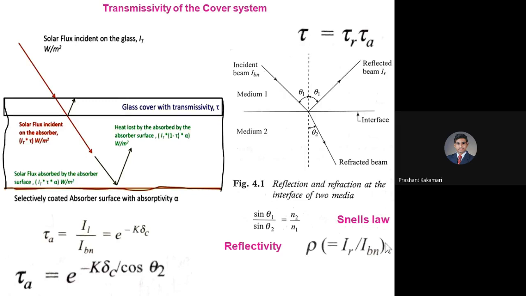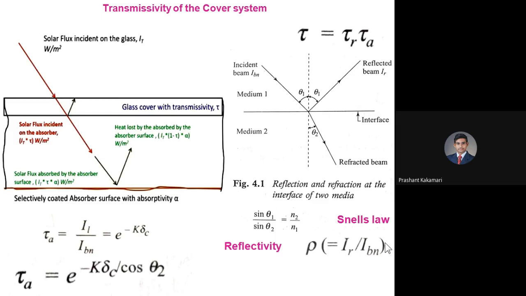And some researchers also show tau alpha, for tilted surfaces, as e equal to K delta C by cos theta 2. Here K is the constant of proportionality, which depends on the different materials.